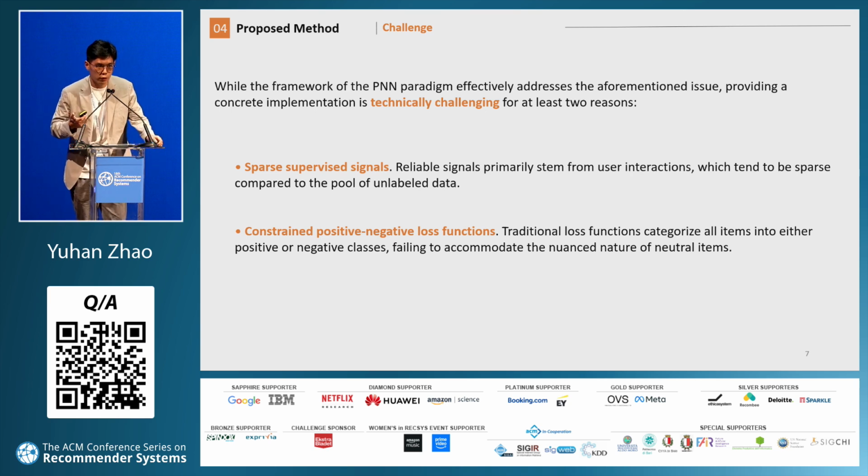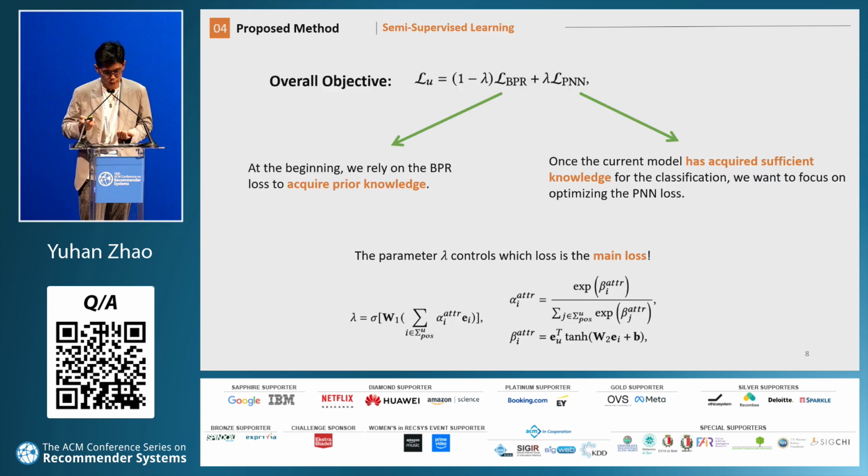So it is challenging for us to classify the unlabeled data. The second problem is that traditional loss functions always handle the positive, negative paradigm, but we have triple-wise relationships to tackle. So we need to find or propose a new loss function to solve this problem.